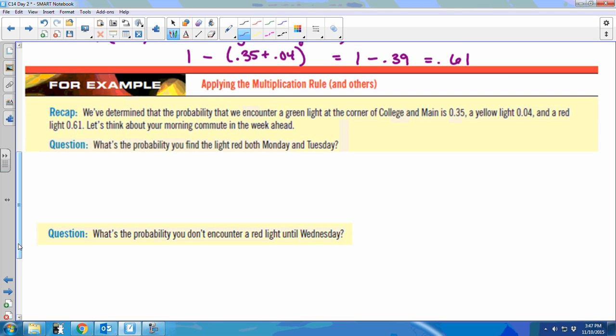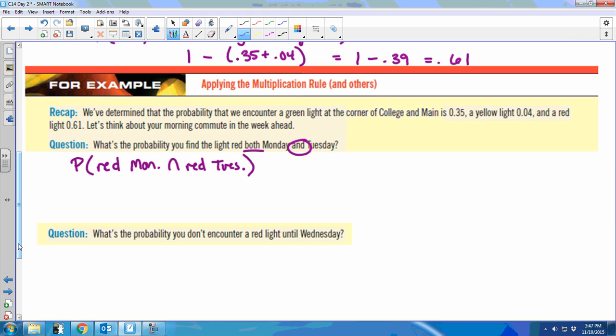We've determined the probability that we encounter a green light at the corner of College and Main is 0.35, a yellow light is 0.04, and a red light is 0.61. So let's think about your morning commute in the week ahead. What's the probability that you find the light red both Monday and Tuesday? The probability that the light is red on Monday and red on Tuesday.